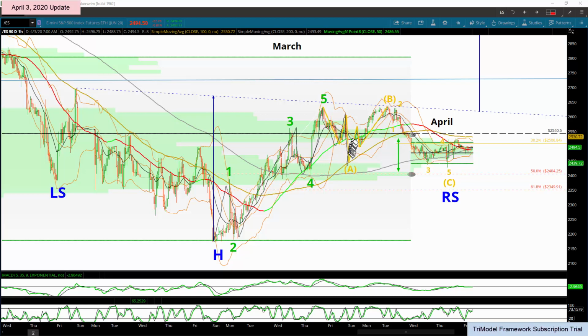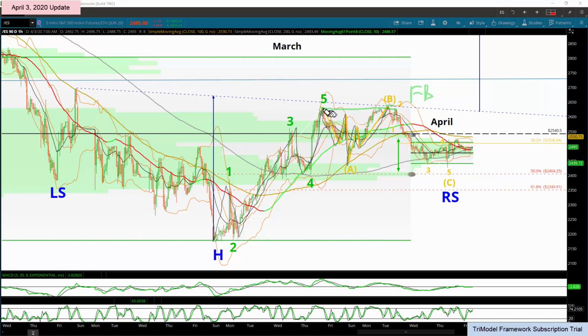And then we had another rally, ABC, that actually managed to take out the high of wave 5. That was a fake breakout. Okay, fake breakout right here.